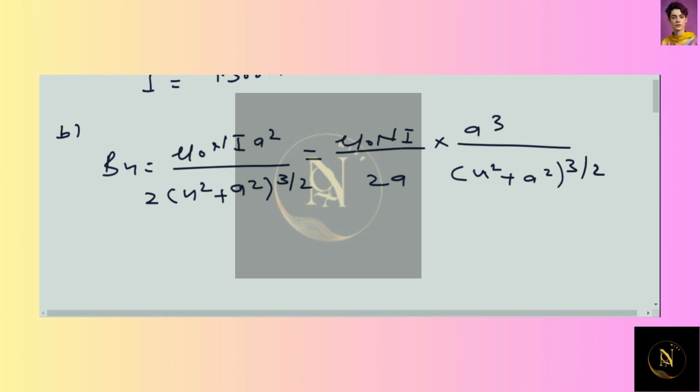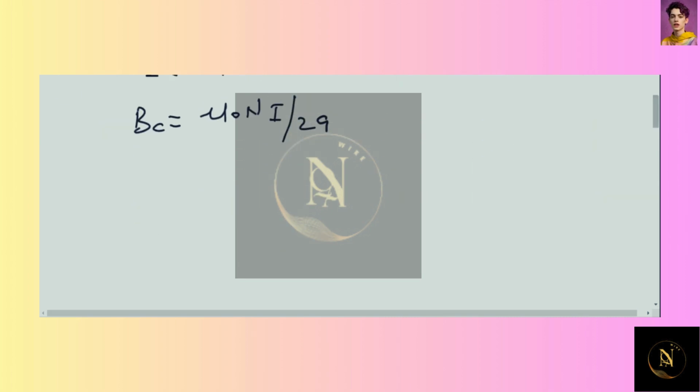But the magnetic field at the center is given by mu naught times n times I divided by 2a. Therefore, B at x is equal to the magnetic field at the center times a to the power 3 divided by (x square plus a square) to the power 3 by 2, right?